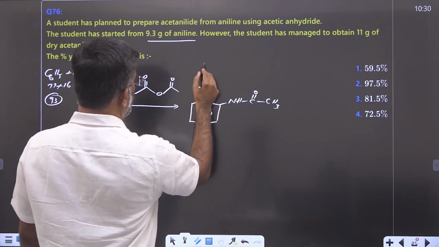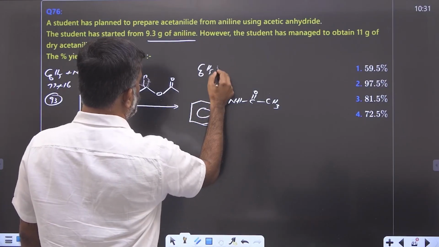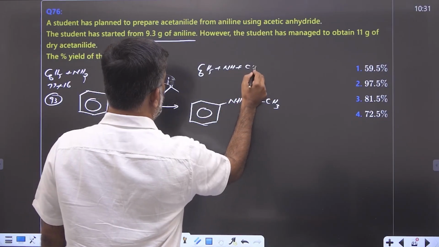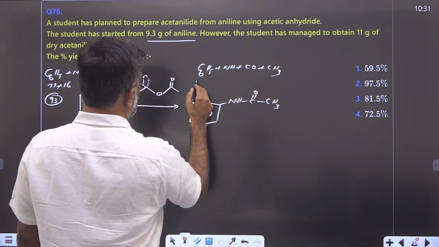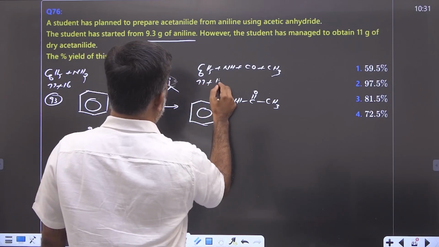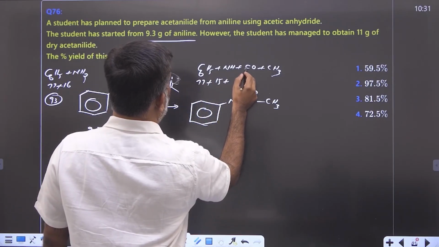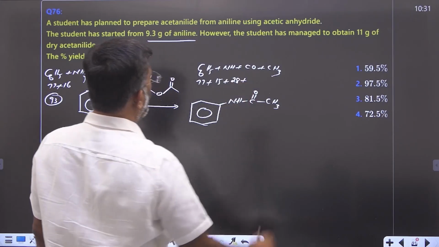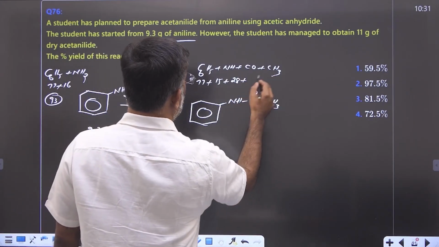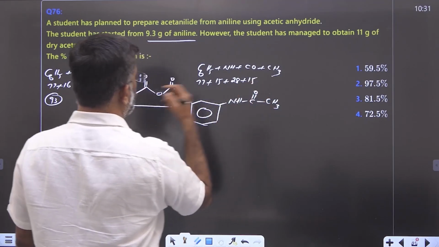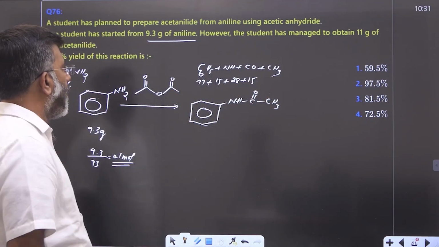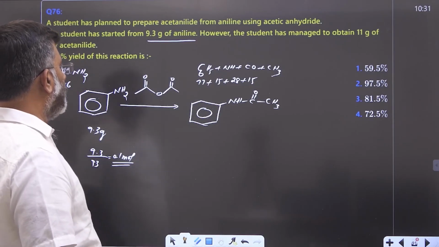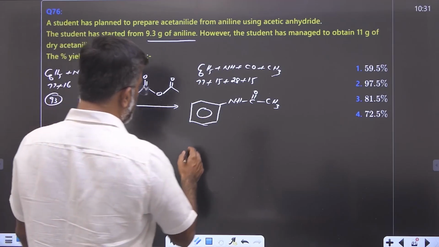The molar mass, C6H5 plus NH plus CO plus CH3 means 77, 15, 28, plus 15, 30, 58, 134, isn't it?